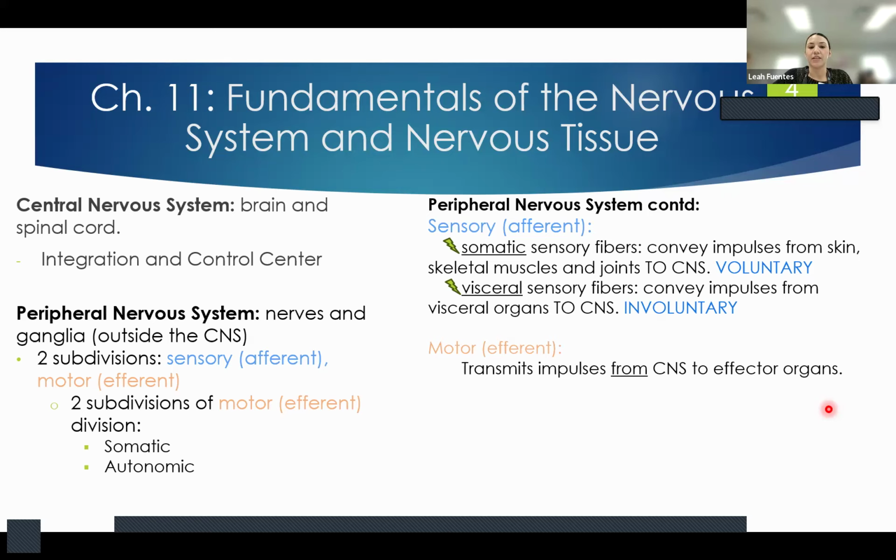And then again, the somatic would be voluntary, whereas the visceral are involuntary. And then lastly, again, the motor or efferent transmits impulses from the central nervous system to those effector organs.